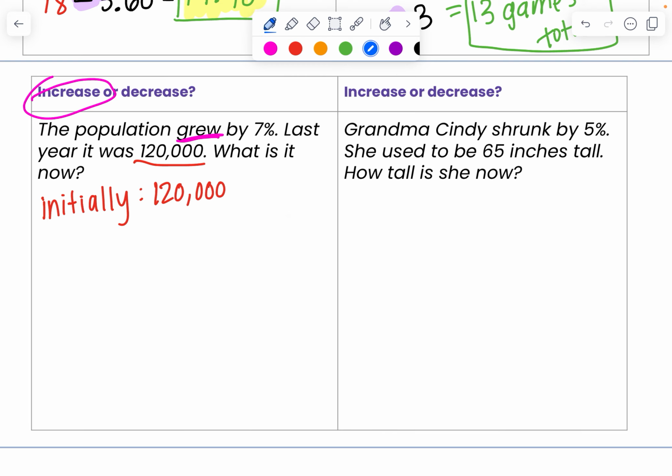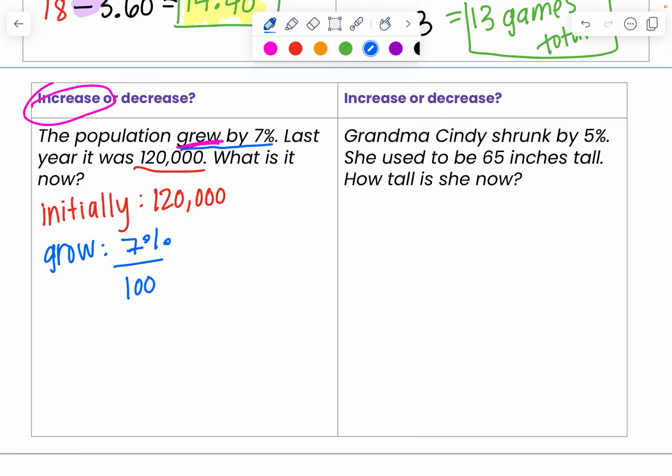And we also know that it's growing by 7%. So that's kind of like this cool rate that we have. So we're going to grow 7% out of the whole 100, and that's going to give me 0.07 as the decimal, okay?